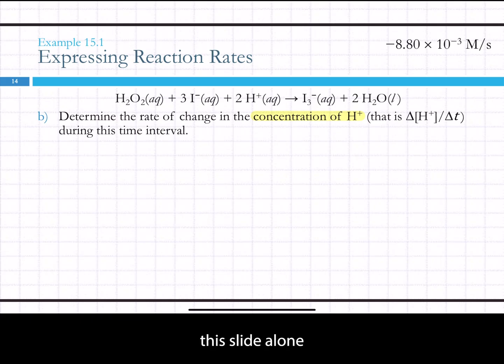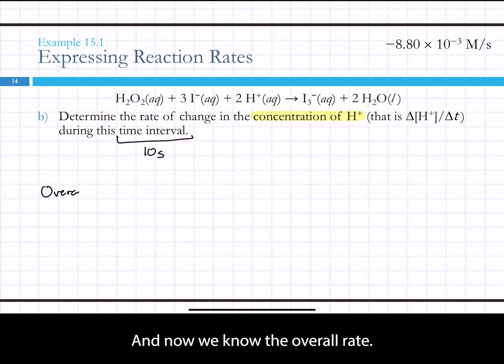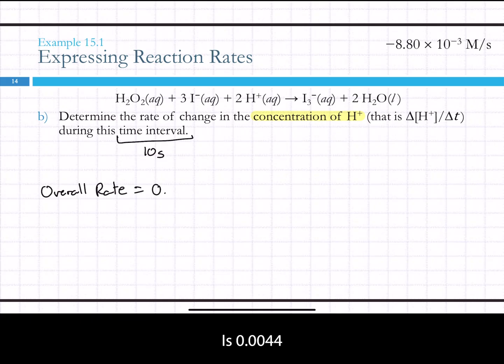Based on this slide alone, obviously there's not enough information, but this is part B. So continuing from the first one, the time interval is still 10 seconds. And now we know the overall rate is 0.0044 molar per second.